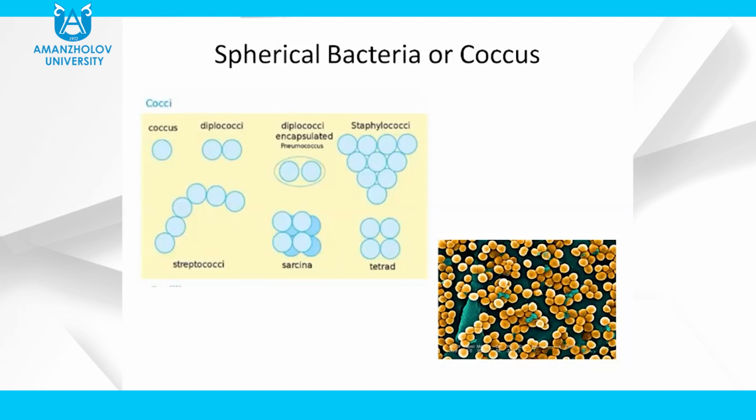An example of Streptococci bacteria is Streptococcus pyogenes, known to cause rheumatic fever, tonsillitis, strep throat, and other respiratory infections. Another example of this bacteria is Streptococcus bovis that causes urinary tract infections.